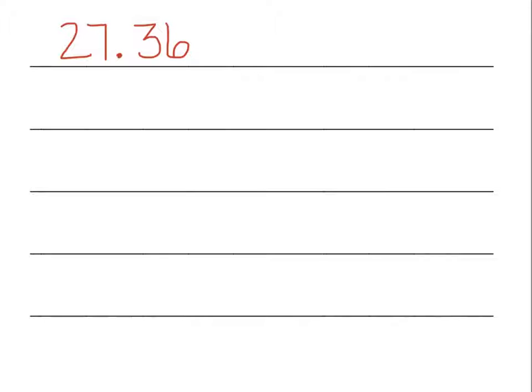So if they said write it as a fraction, which is the same as write it as a mixed number, you would write 27. And go ahead and write the fraction. Let's see if you can get it correct by looking at that decimal. Hopefully you put 36 over 100. So we have 27 and 36 100ths, which is the same thing as what we have here.